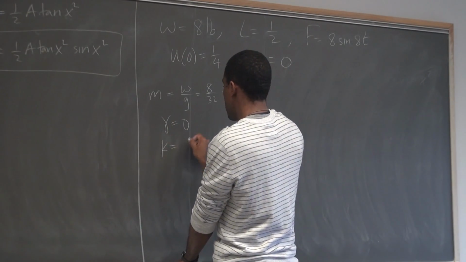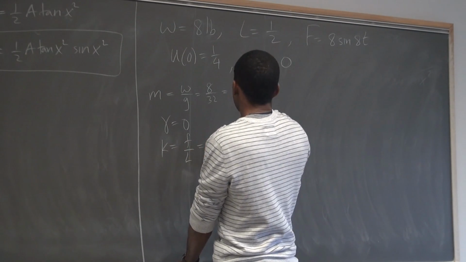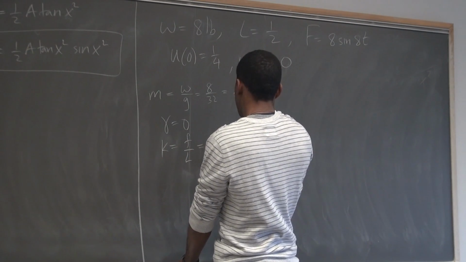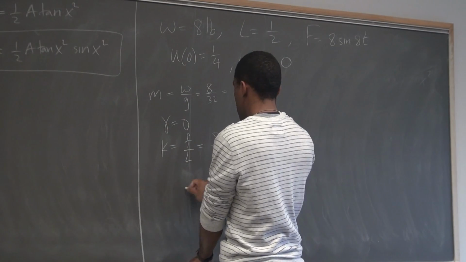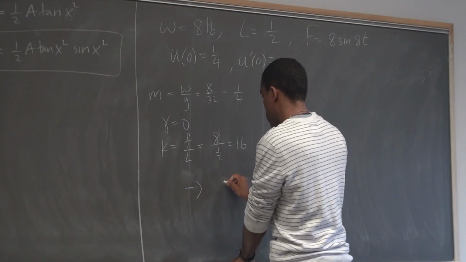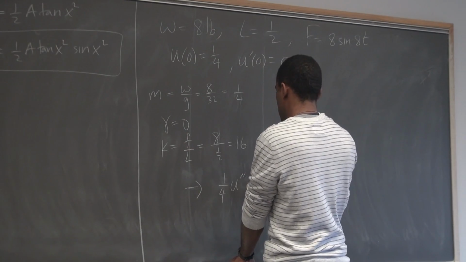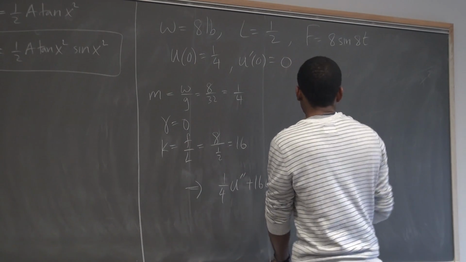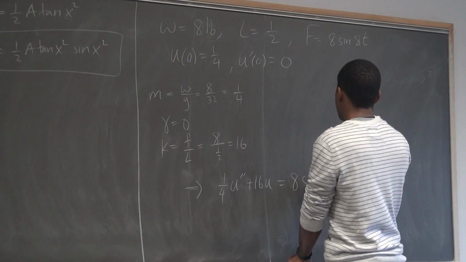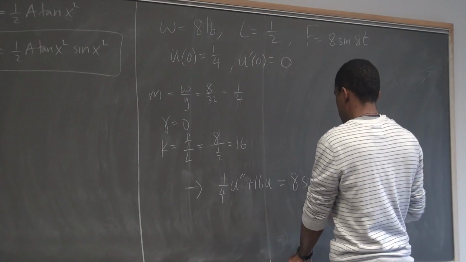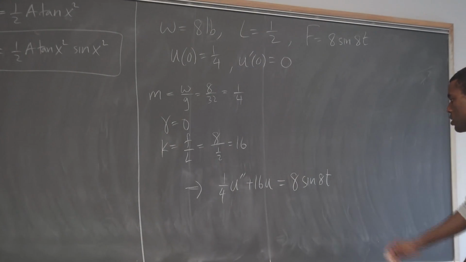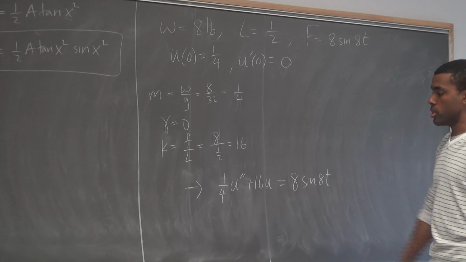And k would be F over L. The force is 8, L is a half, so that's 16. So in other words, our differential equation would be a quarter u double prime plus 16u is equal to 8 sine 8t, with these initial conditions.